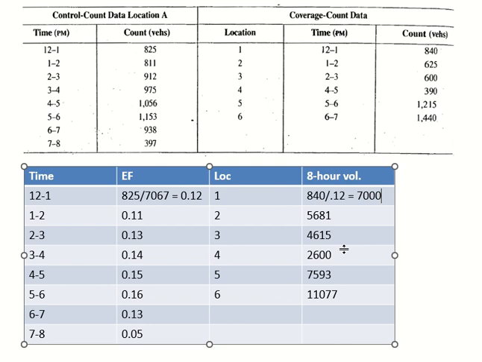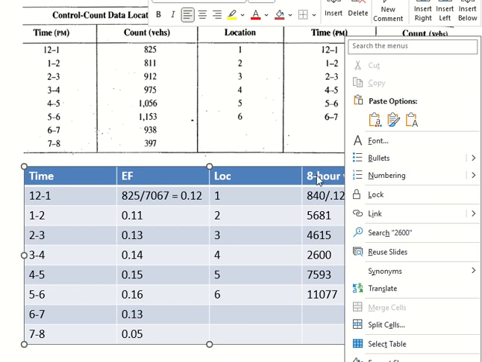Clear? Okay. So that means on the other locations the peak hour is 5 to 6. For the control count, you know which one is the peak hour, and you know the value of volume in the peak hour, right? What about the other locations? For which other location can you tell me the value for the peak hour?